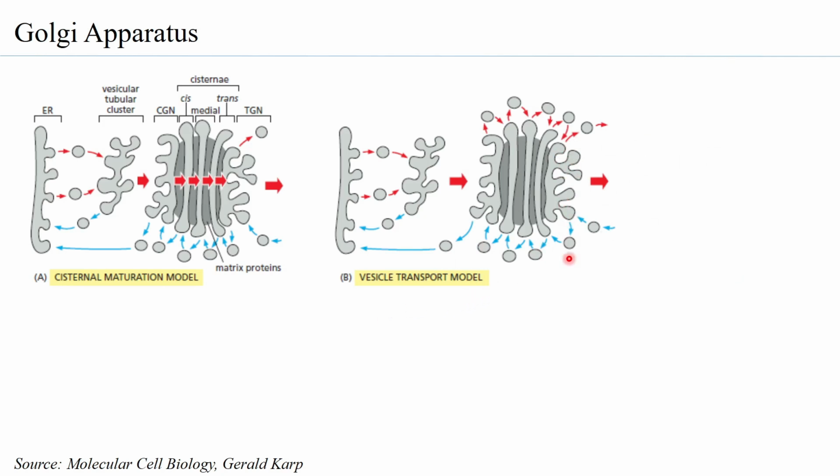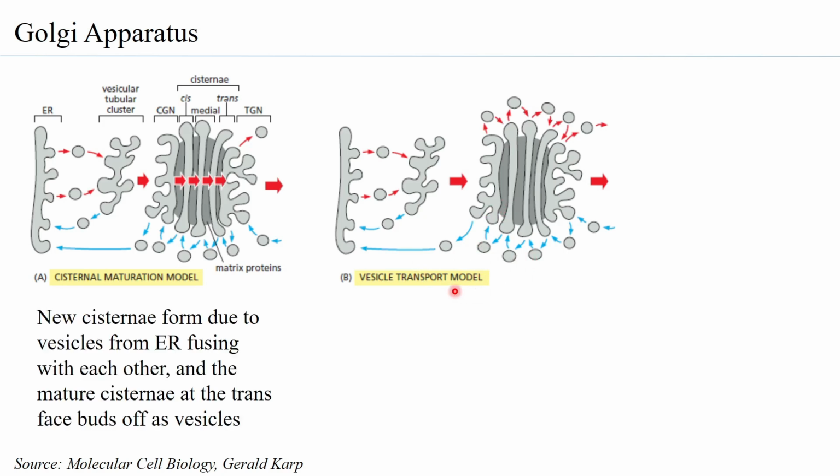Many experiments have shown that this is definitely the case, and even through electron microscopes, it has been found that the Golgi apparatus always seems to be surrounded by a lot of vesicles. So that gels with this model. In this case, new cisternae will form due to vesicles fusing with each other, and every cisterna will then mature and at the trans face will bud off as vesicles.